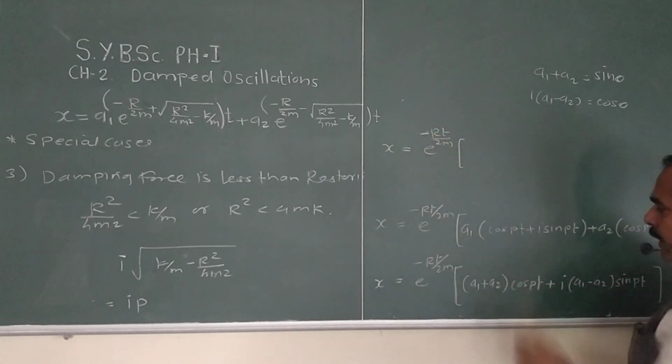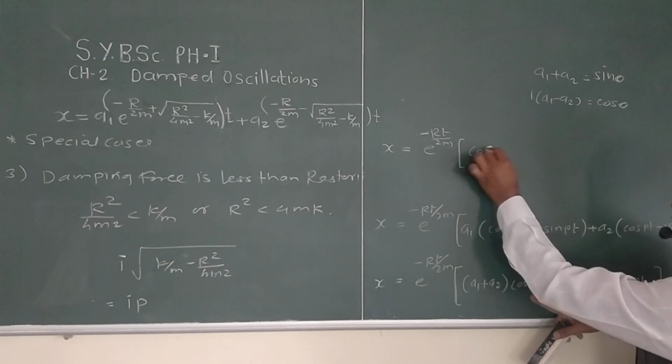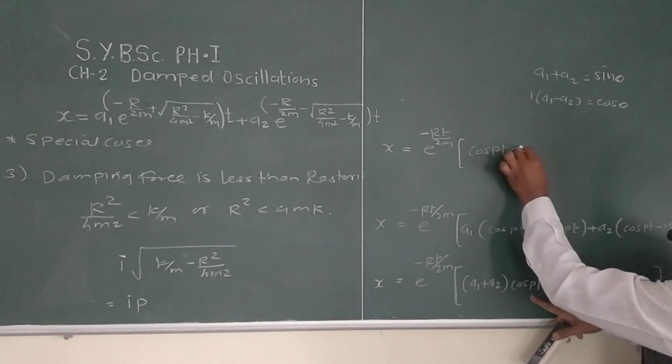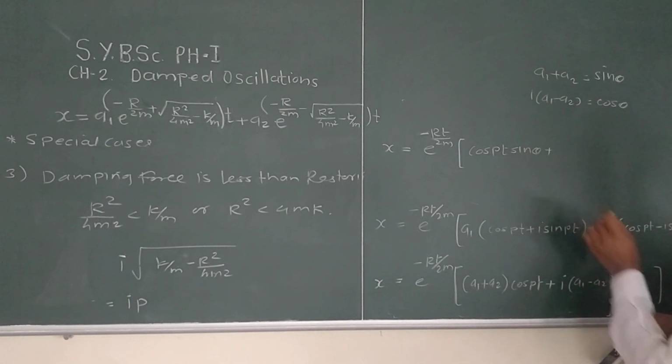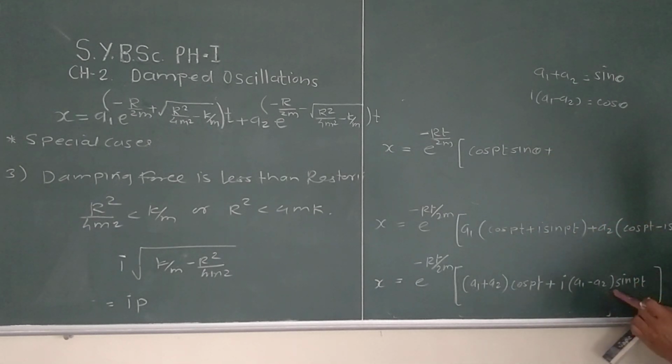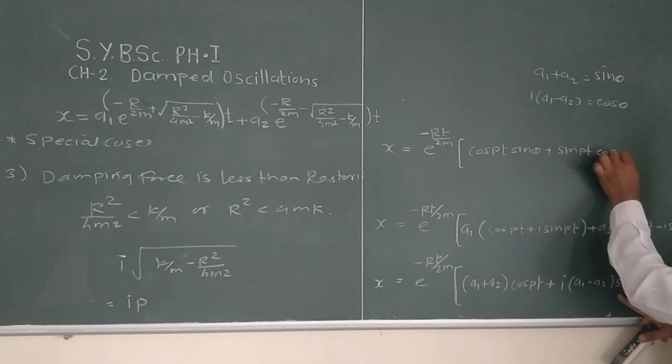And in the bracket we write cos pt sin theta plus sin pt cos theta.